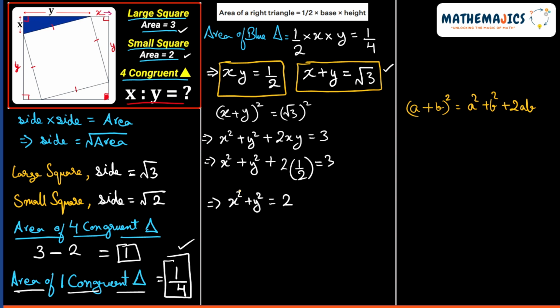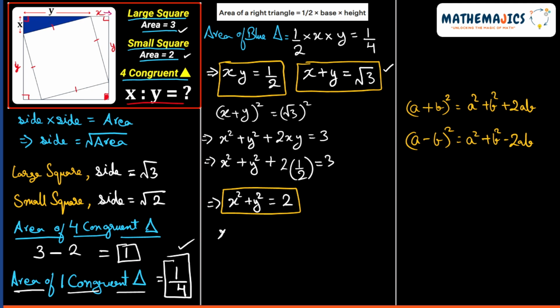Now this equation is also very important for us. We will see how. After this step, I used one more algebraic identity, which is (a − b)² = a² + b² − 2ab. Let's see how this will be useful.